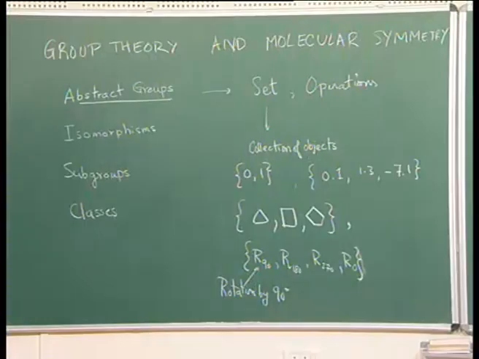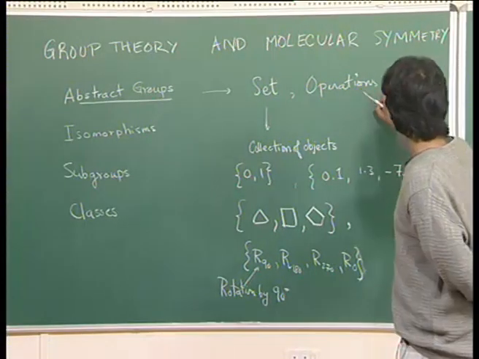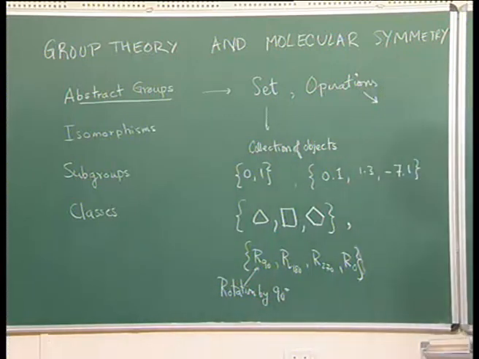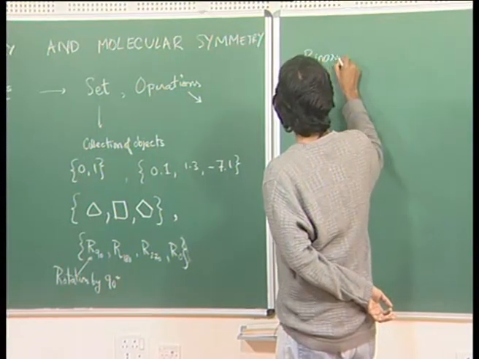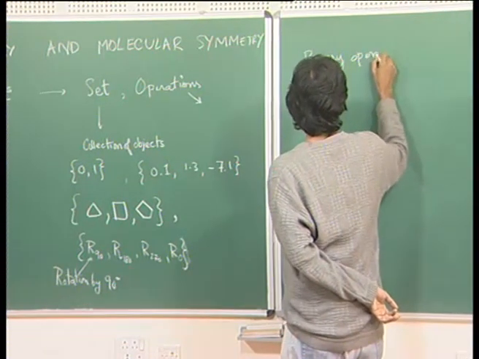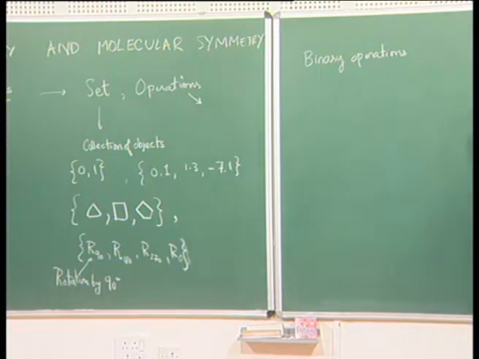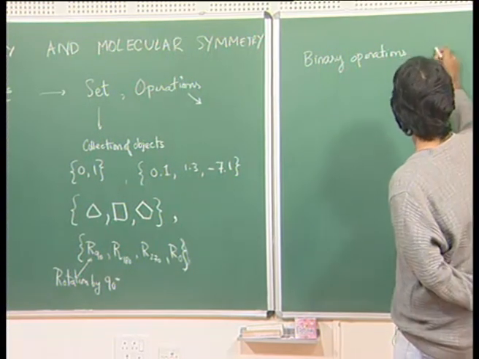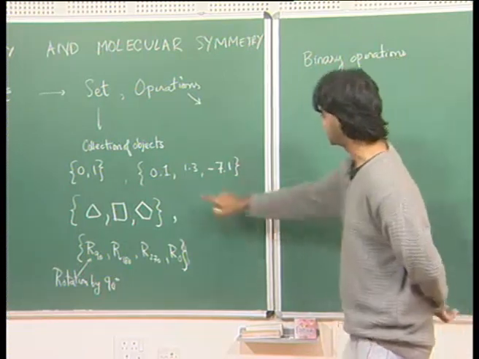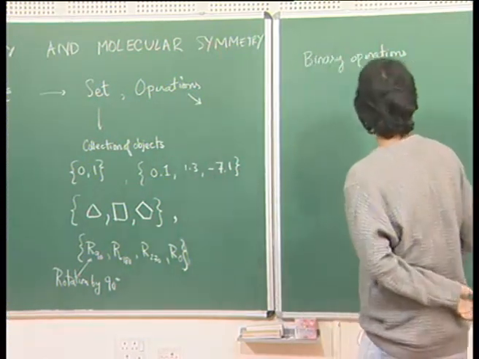Next is the operations. Operations act on the objects of a set and give you new objects. An example of operations is binary operations. For example, suppose you have 0.1 and 1.3.